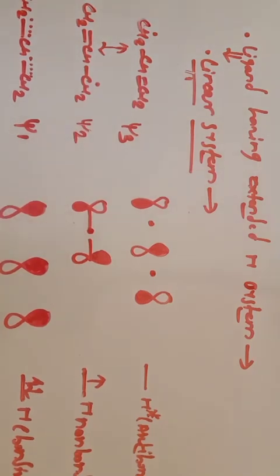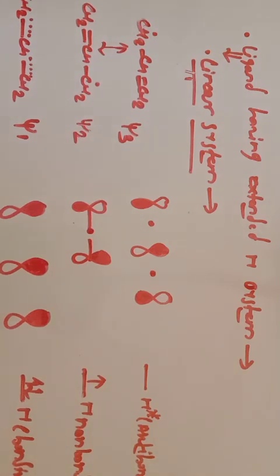This node bisects the molecule, cutting through the central carbon atom, and due to this the p orbital does not get involved in the bonding, that is, the p orbital of the central carbon does not participate in the molecular orbital.